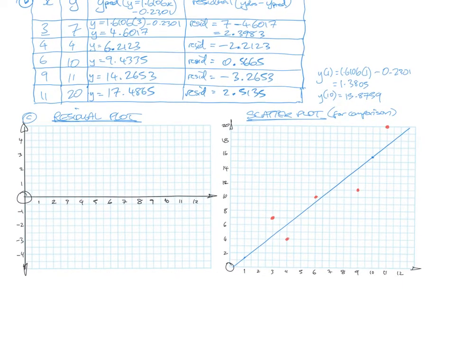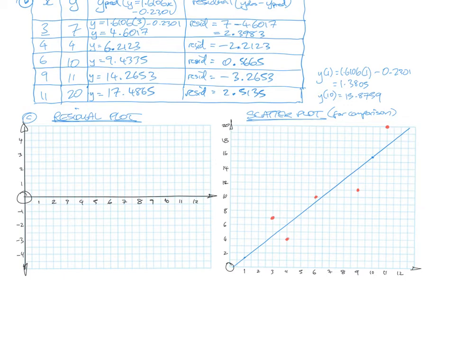Let's see if that actually is the case according to the data. Here I've graphed that data above: 3, 7; 4, 4; 6, 10; 9, 11; 11, 20. So that's the data. Here I've drawn a graph of the least squares regression line according to the lin-reg function from the calculator.